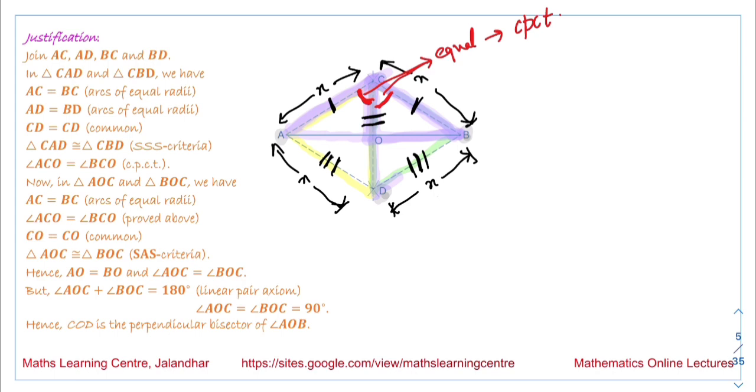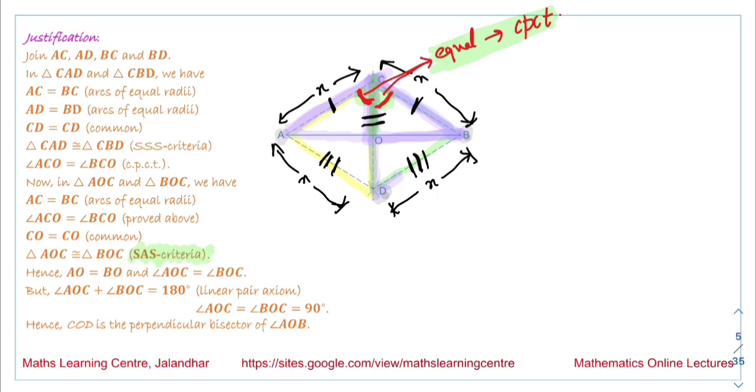Then CO is the common side, and these two angles at C are equal, which we proved in the previous part. So triangle AOC and triangle BOC are congruent by the SAS criteria.